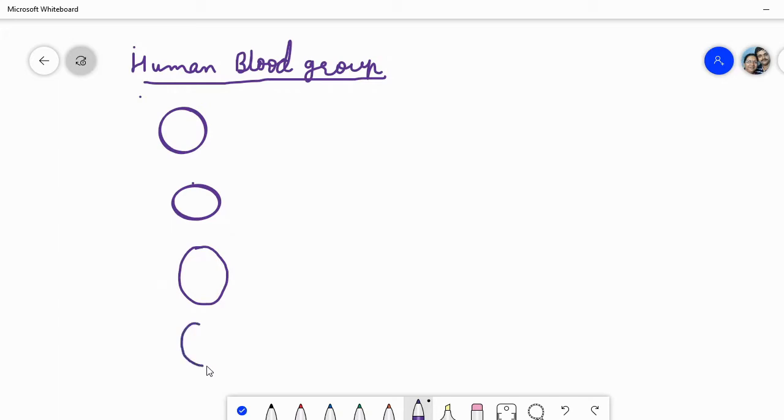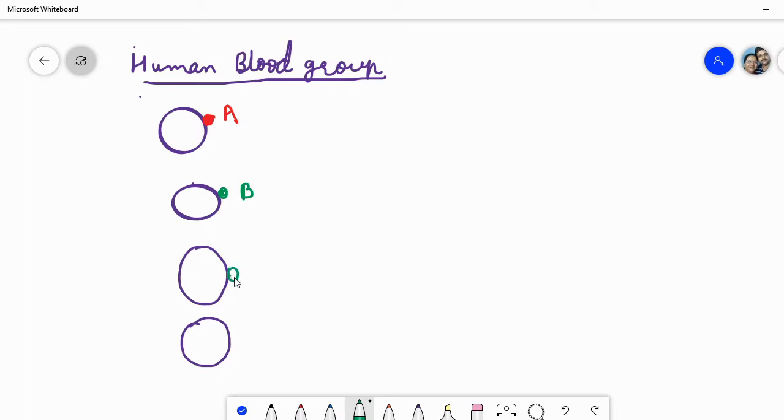Now we have to understand the possibilities of the presence of these antigens. Suppose on one RBC, one spherical antigen, we name it A, and on another RBC we can have the B antigen, a green colored antigen.